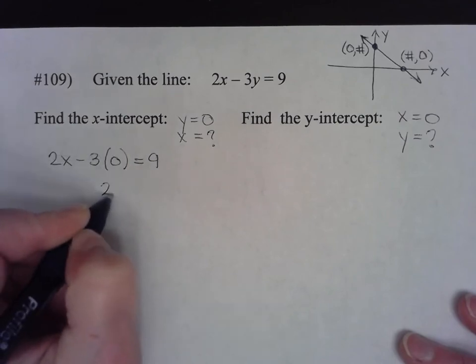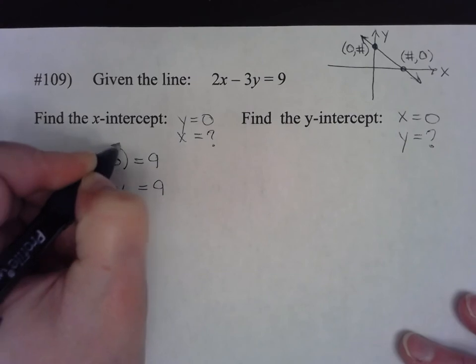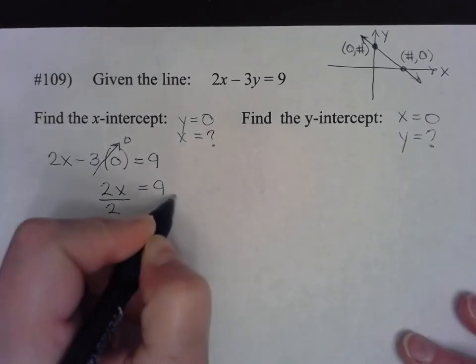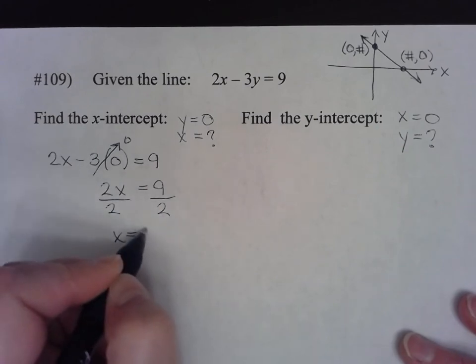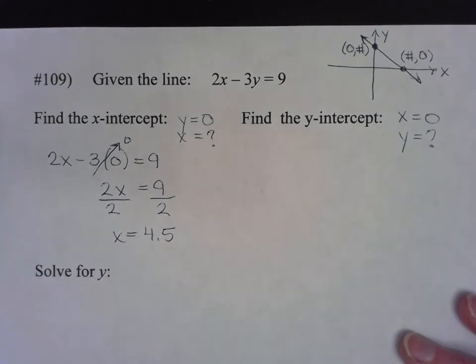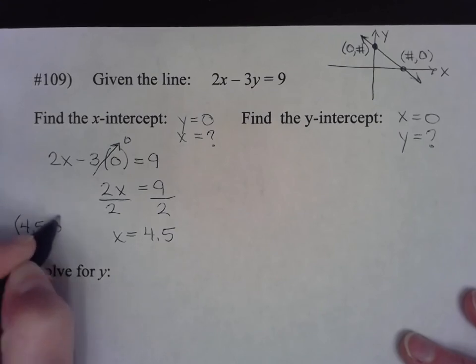So we end up with really just 2x equals 9 because this is 0. We'll divide by 2. And how about we make it into 4.5? So the x-intercept really is the point 4.5, 0.